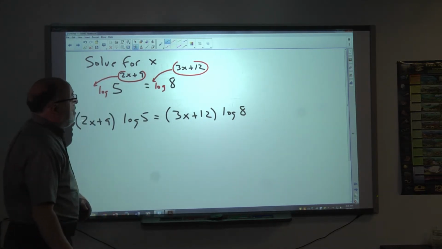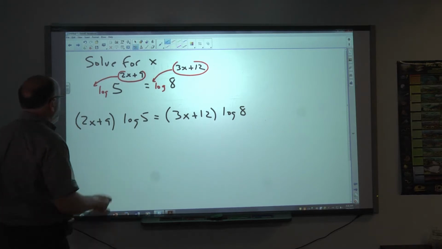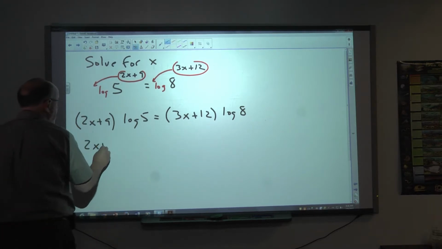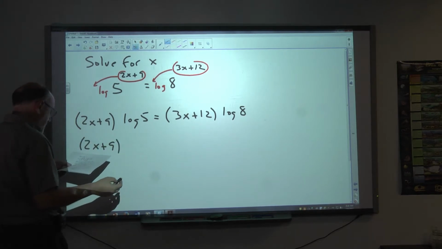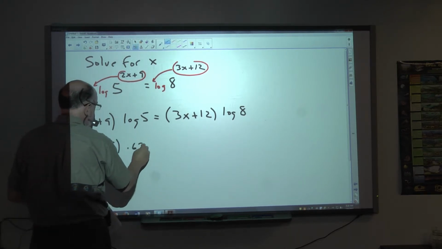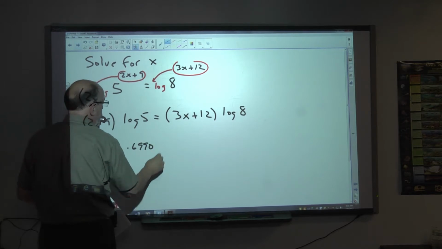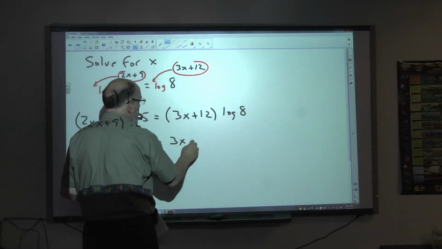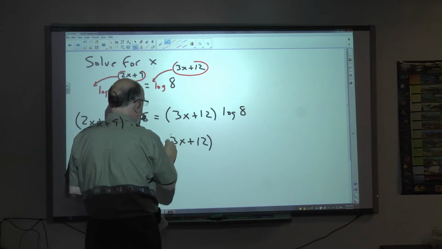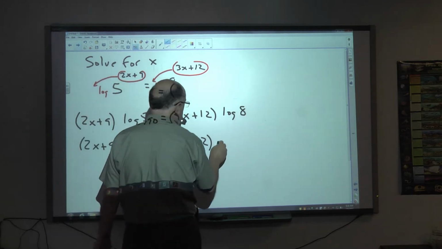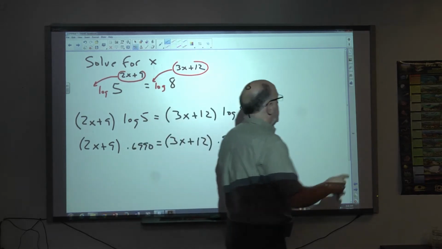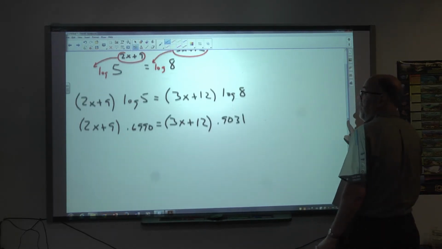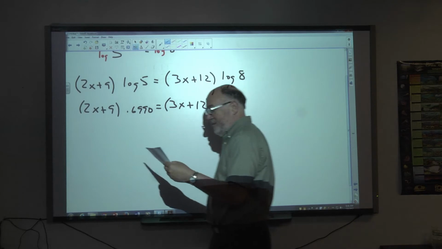Well, log of 5 and log of 8 are just some numerical value, and so we get 2x plus 9, and the log of 5 is rounded to be 0.6990, and then the log of 8 is 0.9031. And so now it's a matter of doing some algebra and solving this.